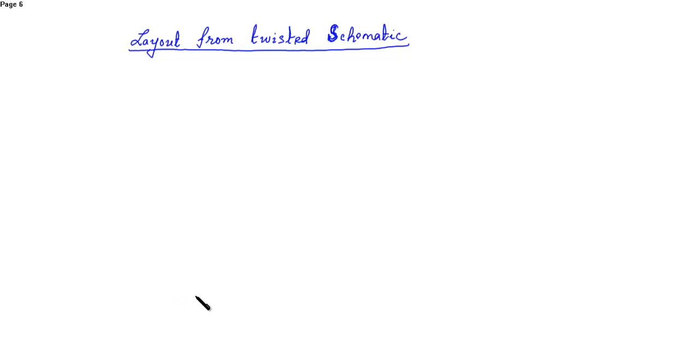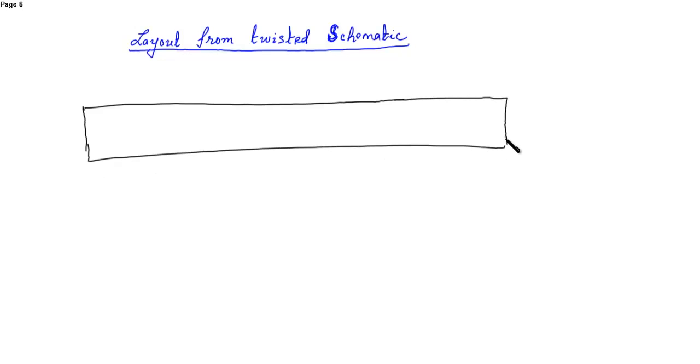So first we have 4 PMOS. So I'll take a common N-well. So we'll draw from here. This is N-well.